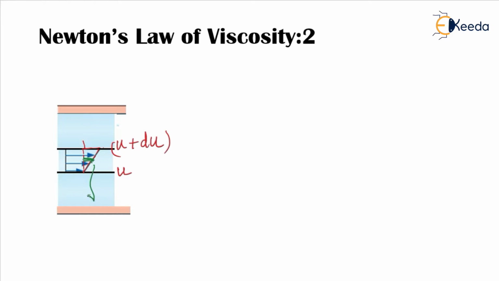Which angle? d theta, which we have seen. So how do we get the value of this d theta? We should know that this d theta can be determined by knowing the difference. Which difference?